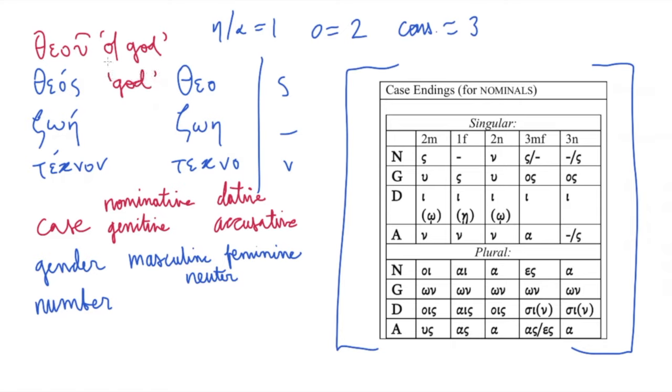The reason for that is that the ending of the word had changed. The sigma ending was the nominative ending, because this word theos has a stem that ends in an omicron, and for that reason it's a second declension word, so it's in one of these columns. In this case, it happens to be a masculine word.